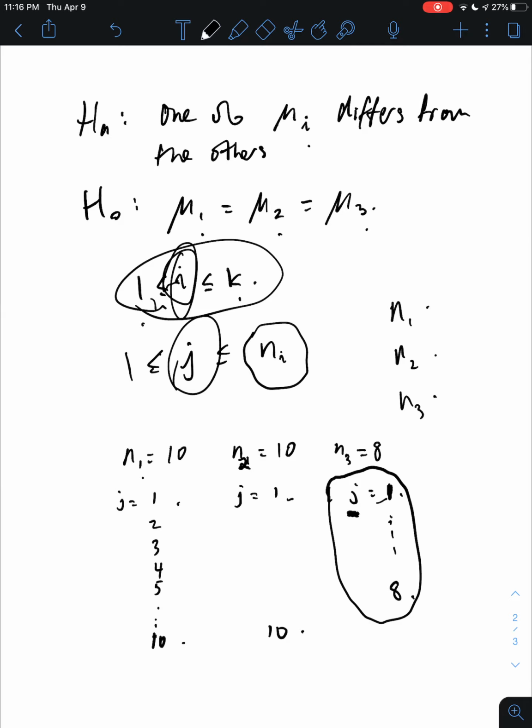And so if I want to know the response of the third person in treatment group 2, I say treatment group 2, third person. And so that's not 23, but that's 2, 3. And that is the measurement of the response for the third person in the second group. Okay, so that's how we interpret our indices.